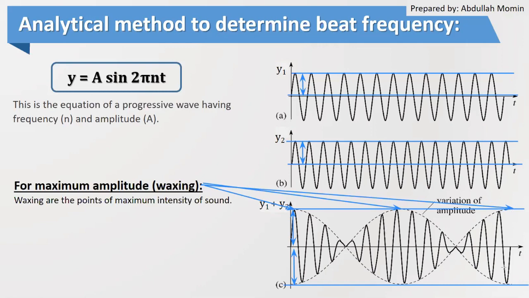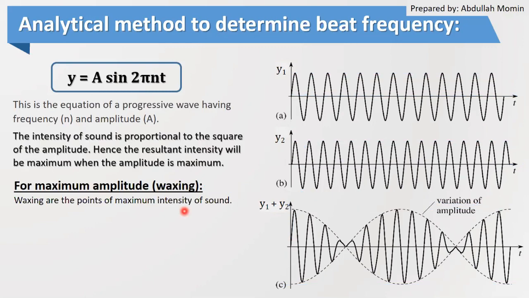So in this resultant wave we are getting 3 waxings, and when we get a waxing, the amplitude is maximum, equal to the amplitude of the first sound wave plus the amplitude of the second sound wave, that is a + a = 2a. That means maximum intensity of sound.